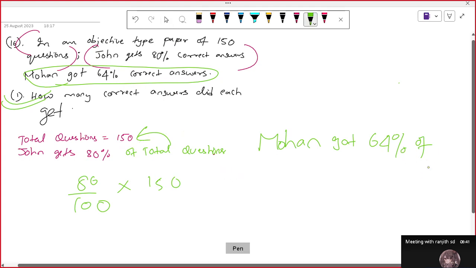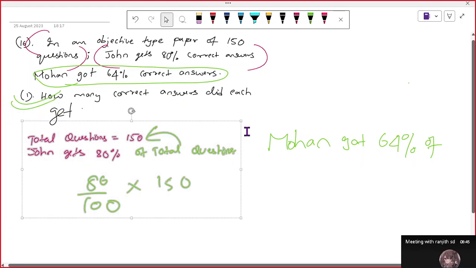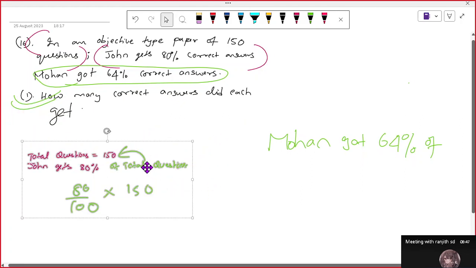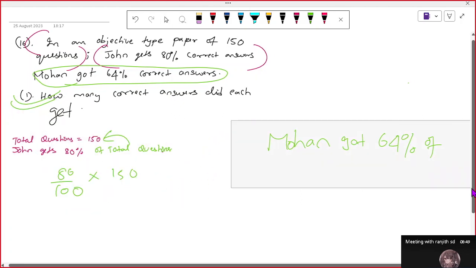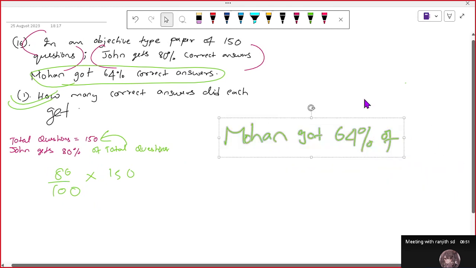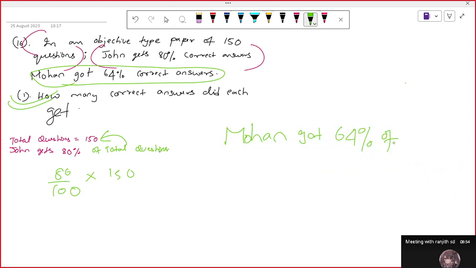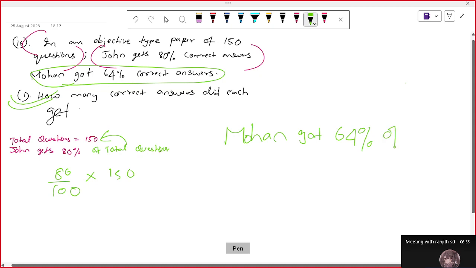Write the statement like this, of total question. Later, convert the statement into an algebraic expression. If you try doing it in the X method or some other method, it's very difficult. You won't understand. Mohan gets 64% of total question. Total questions, I'll write it as TQ.